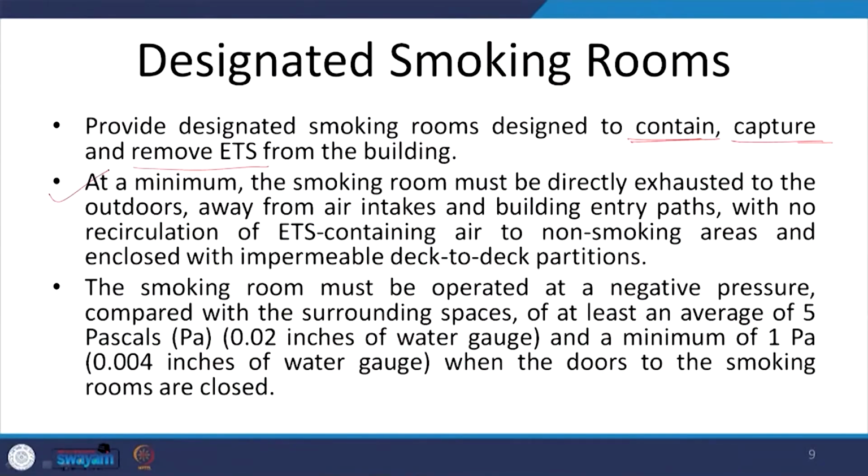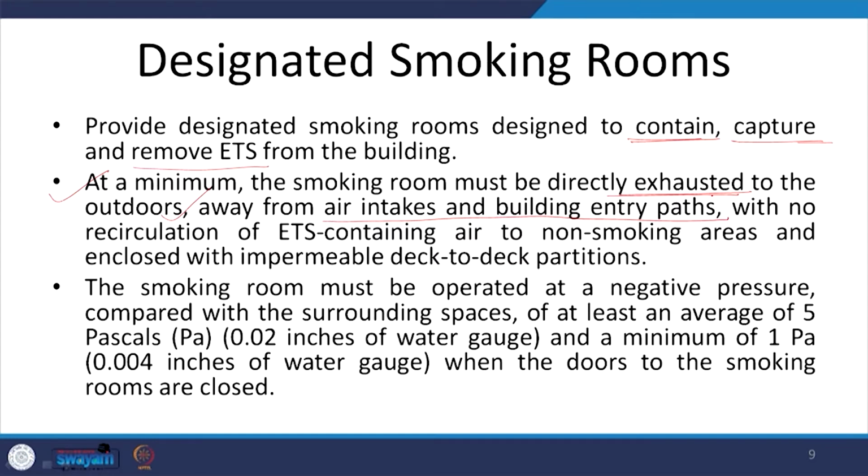So, how do we design it? At a minimum, the smoking room must be directly exhausted to the outdoors. There should be no mixing of ventilation systems, and this exhaust should be away from the air intakes and building entry paths, so that the environmental tobacco smoke does not enter the building again.